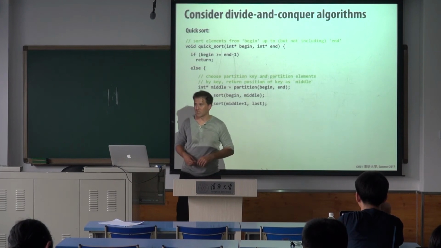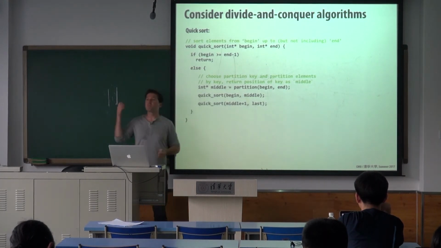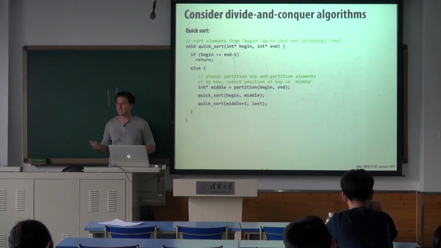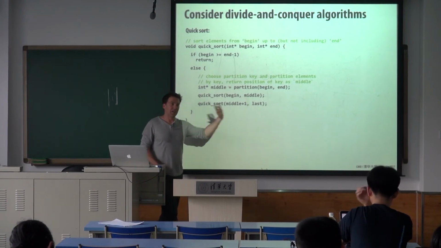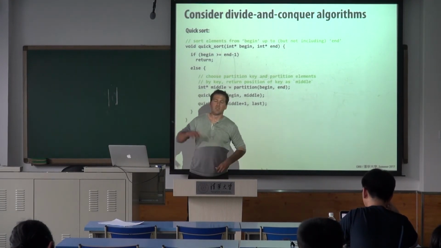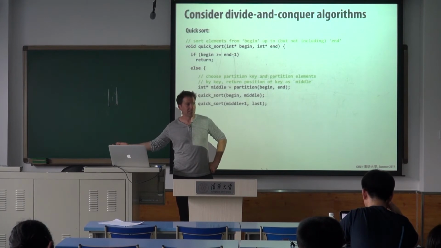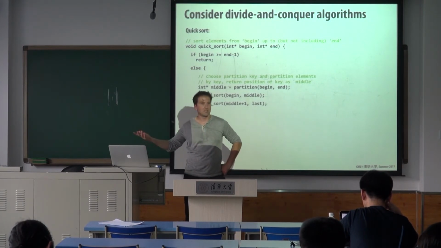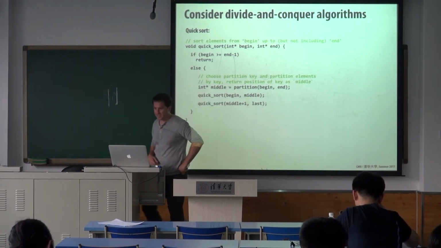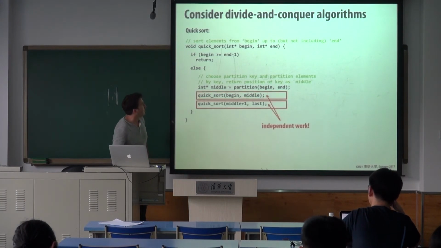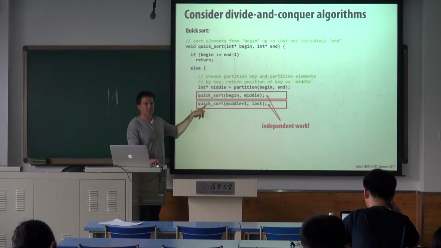Quick review of quicksort: every time you call quicksort, you get two parallel things to do. You can sort the left sublist completely independently from the right sublist, and you get a sorted list. So these two calls to quicksort could be done in parallel if I wanted to.